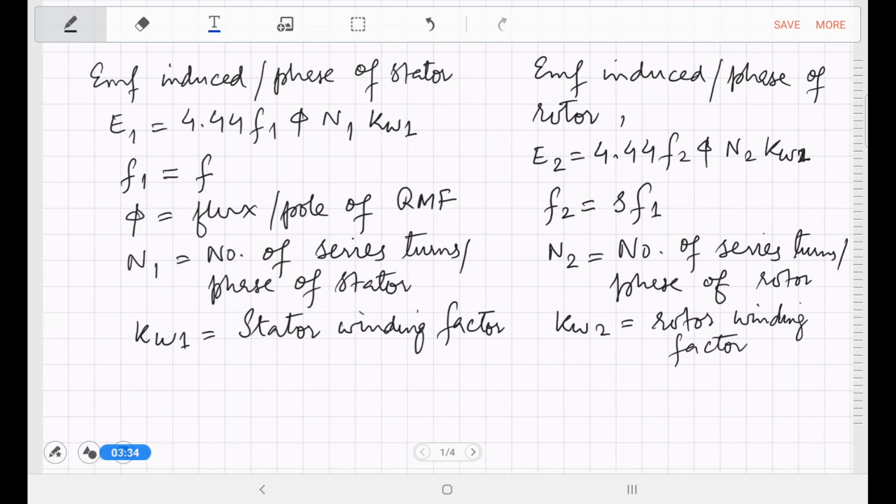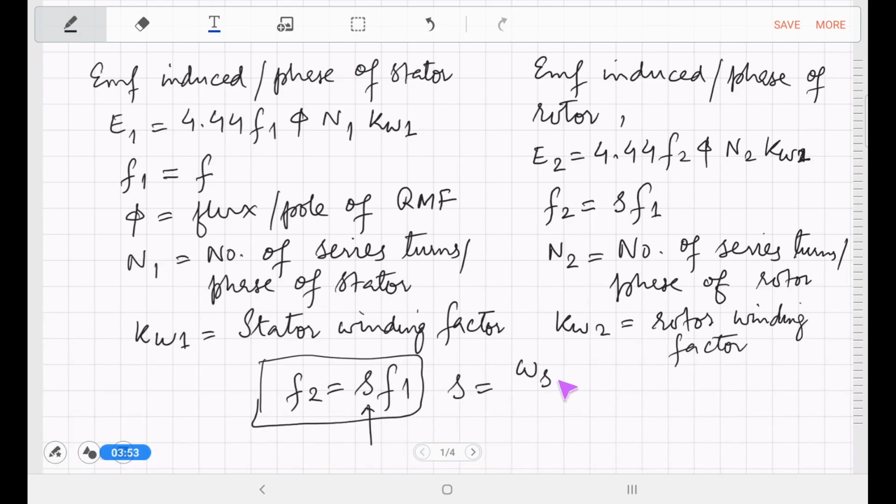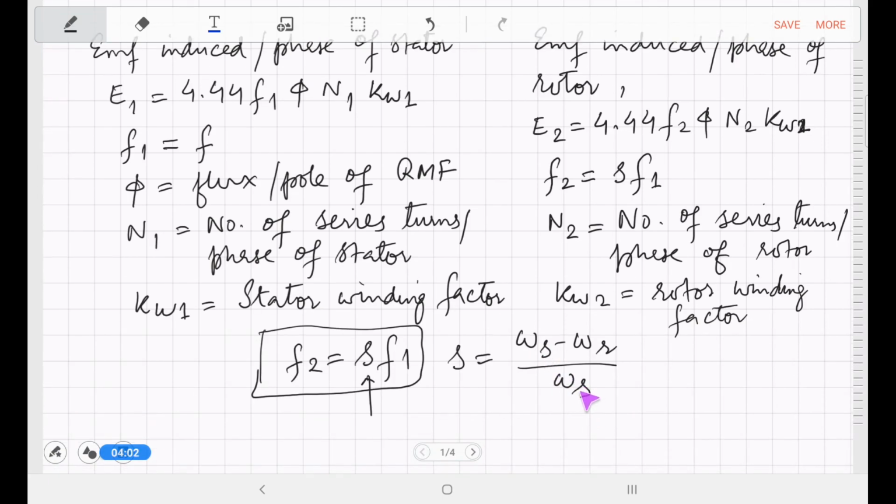One important thing to note from these expressions is that the frequency of the rotor induced EMF is a function of the slip S, which is given by (omega S minus omega R) by omega S. Omega S is the speed of the rotating magnetic field, the synchronous speed, which is a constant.